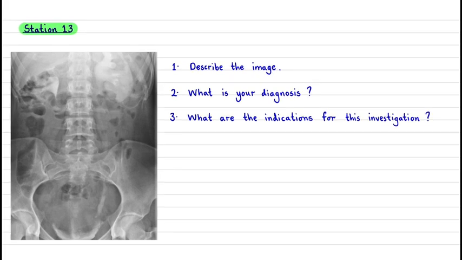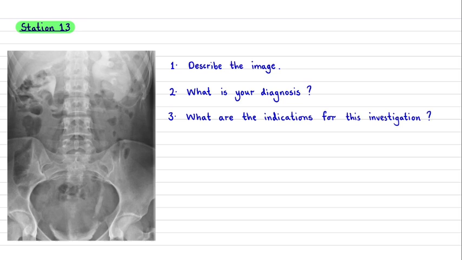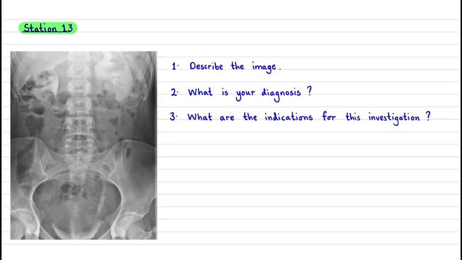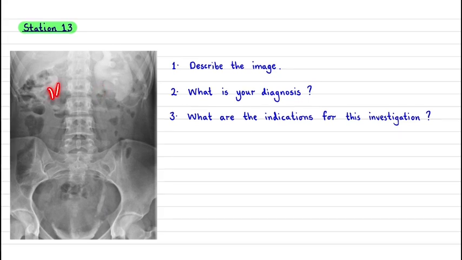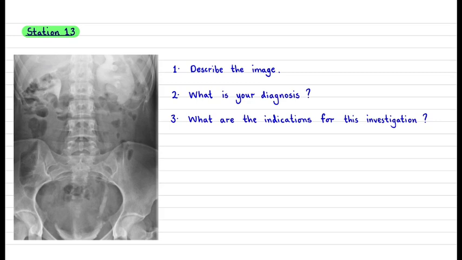So I'm sure you can see how this image is giving us an idea of how the contrast is being filtered, which in turn is giving us a general overview of how well the kidneys are working. So this picture right here is a delayed nephrogram on the left side because the contrast is not yet in the collecting system as it is on the right side, which is normal. So in this case, the delayed nephrogram on the left side was caused by an obstruction, which is right here.